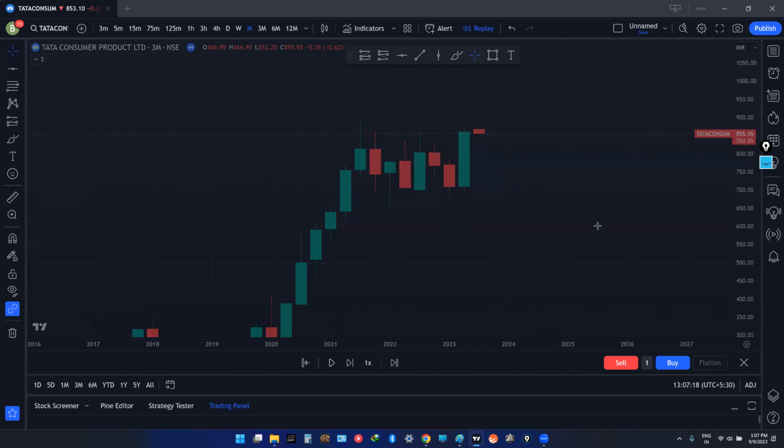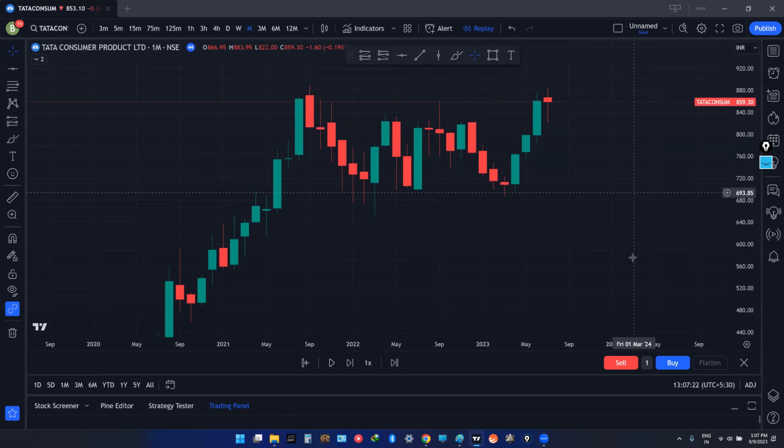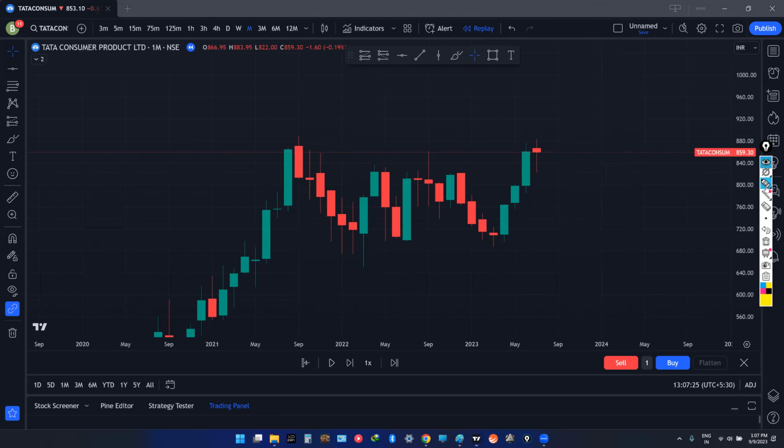Let me go to monthly. So in monthly, what we can see here is that first was there, second was there, third was here. This third, if someone would have traded here, now you see why I said defensive and aggressive. Suppose these candles were not there. So first, second, third, here was the entry.